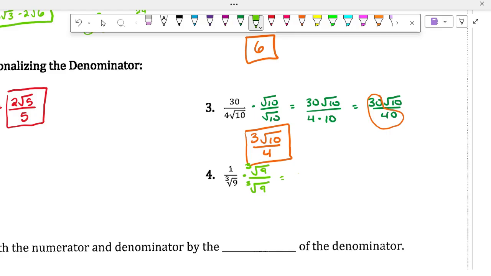So this would be the cube root of 9 over the cube root of 81. Now, here's my suggestion. Simplify the cube root of 81 first before you multiply another radical to it, because otherwise you're going to have some really, really big numbers.